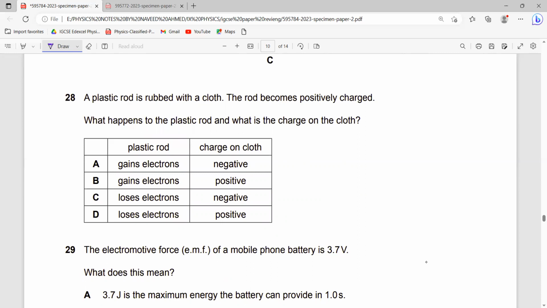Here the rod becomes positively charged, so it should lose electrons. C, lose electrons and the charge on the cloth should be negative. Yes, it's possible. And D, lose electrons and positive on the cloth, no. So C is the right option.